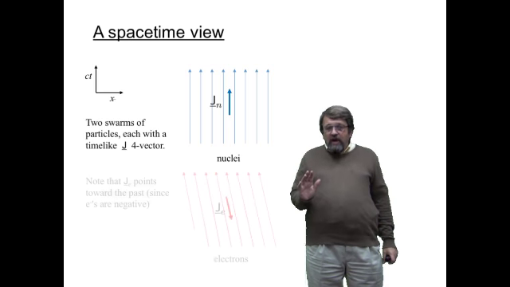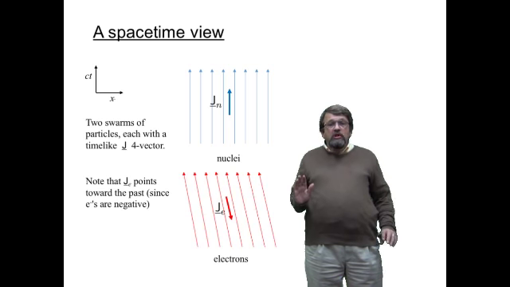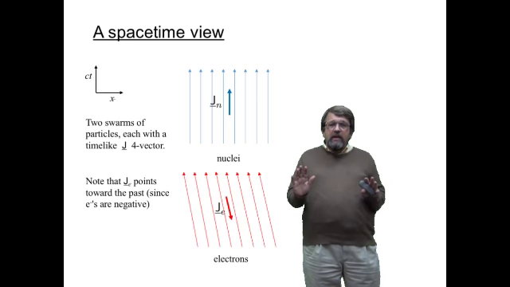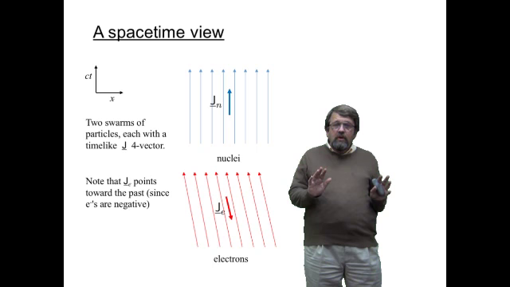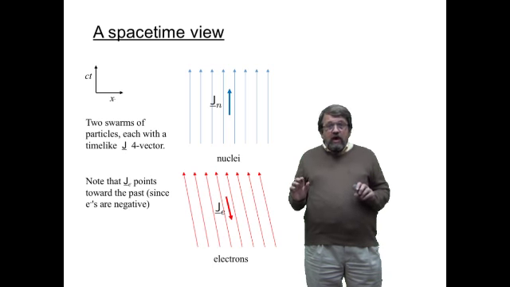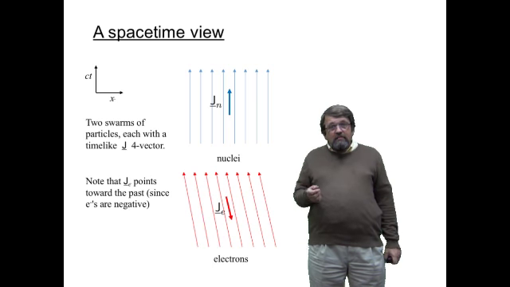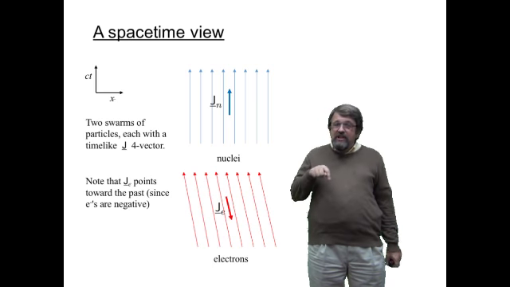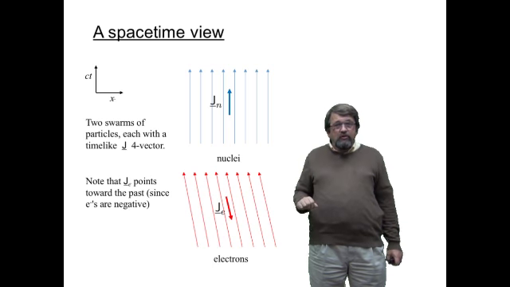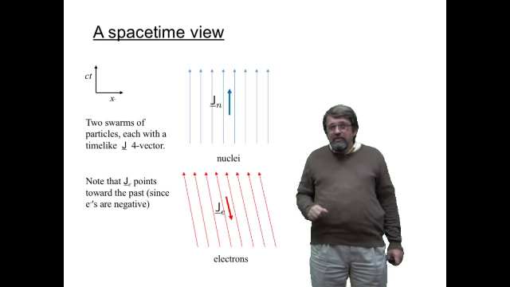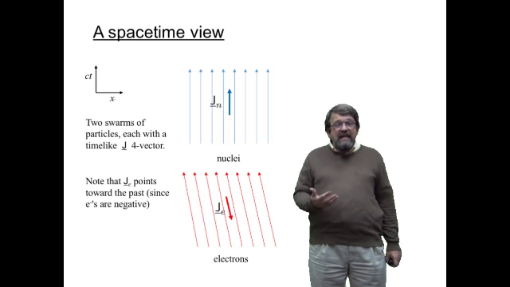The electrons are a bunch of world lines that are tilted a little bit over to the left because the electrons are moving to the left. But the current 4 vector points down and to the right. That is to say, it points to the past and a bit to the right because it points in the opposite direction of the 4 velocities of the electrons, because the electrons are negatively charged.